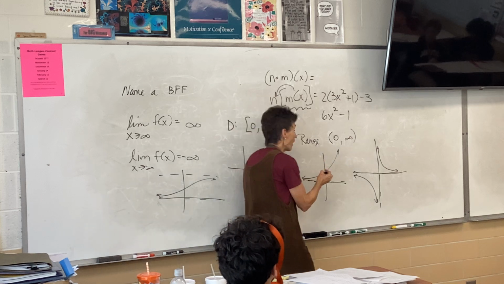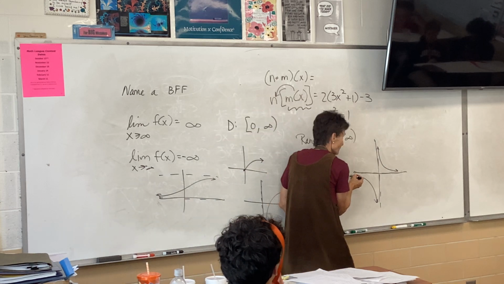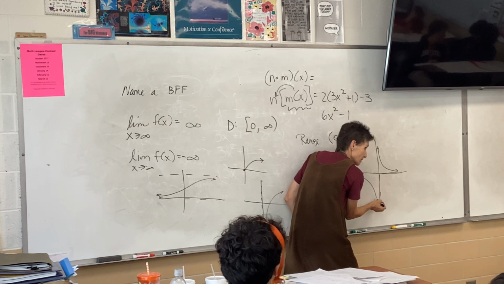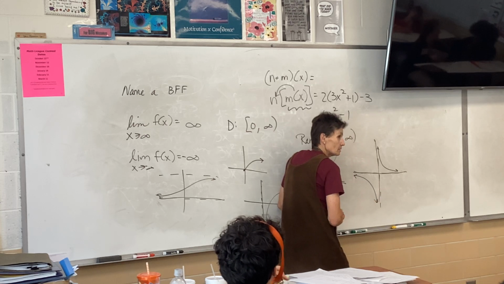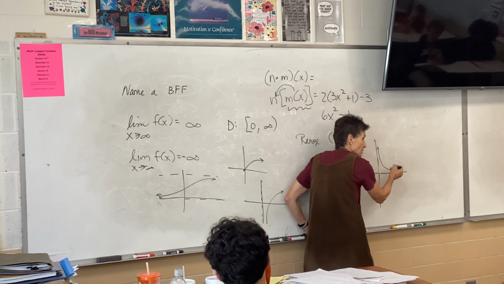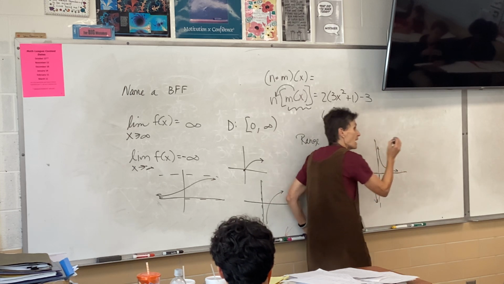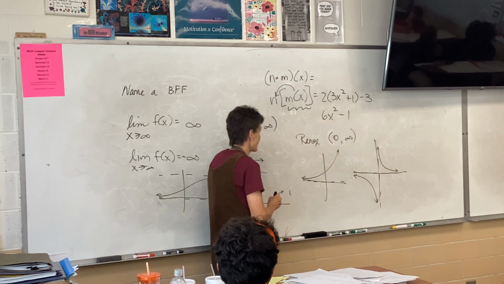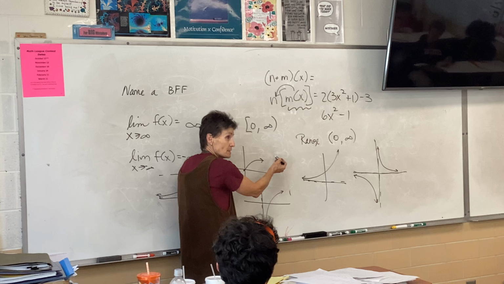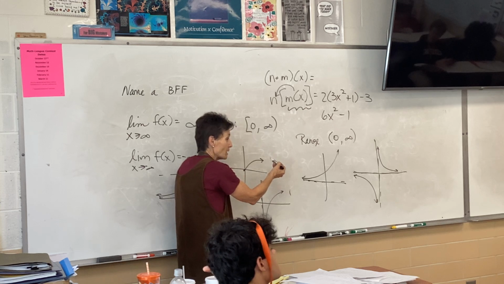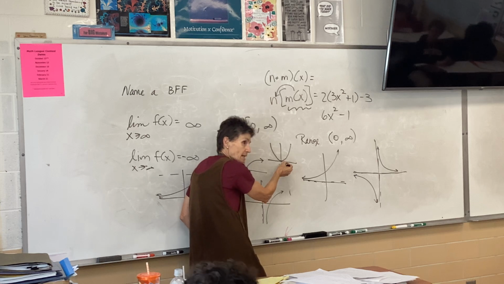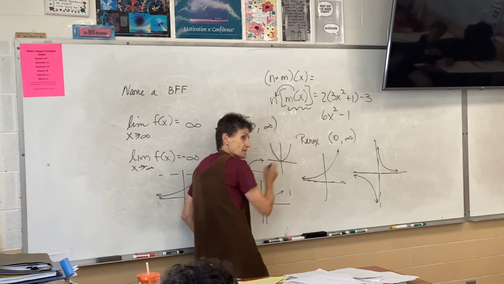When I draw this picture, which direction is my hand going? Down. Decreasing. And when I draw this piece of it, which direction is my hand going? Down. So the whole thing is decreasing. As opposed to this guy, the whole thing is increasing. But then you got the parabola, which is decreasing and then increasing.